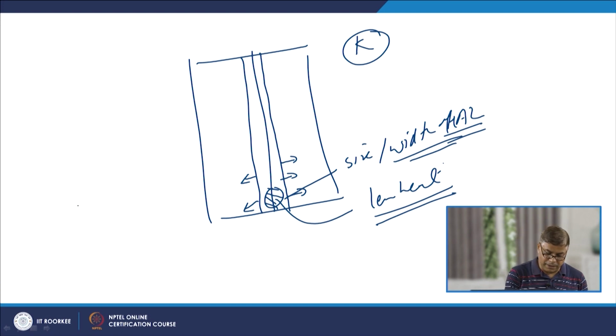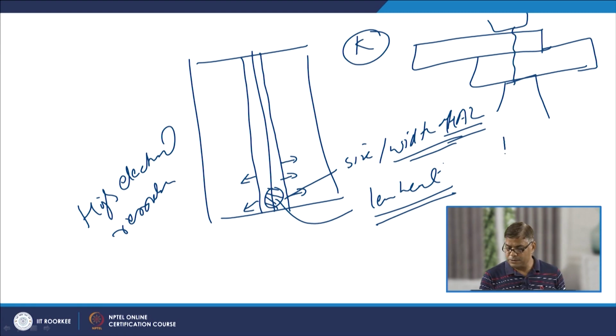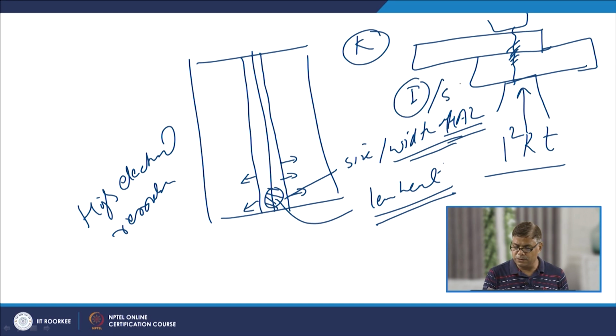Similarly, because of the high electrical resistivity, during the resistance welding processes, like spot welding and seam welding, when the current is allowed to flow through the components being joined, under the given I squared R T heating, because of the greater resistance, more heat is generated. So, we require lower current, and the time for which current is supplied is also shorter.